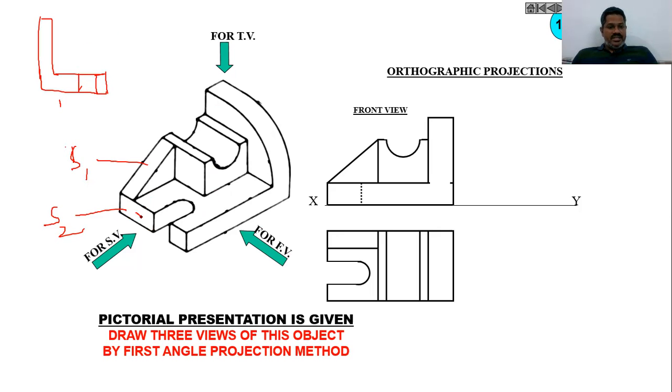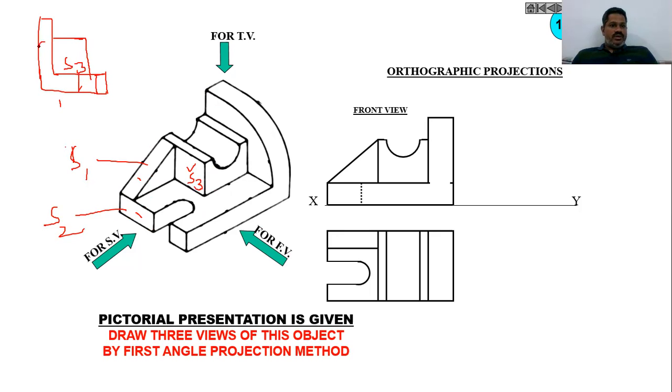So we have represented this face and this face, and similarly you will also find this face here, exactly at the height. This face I'm assuming as S3. So you can see this S3 face also here.